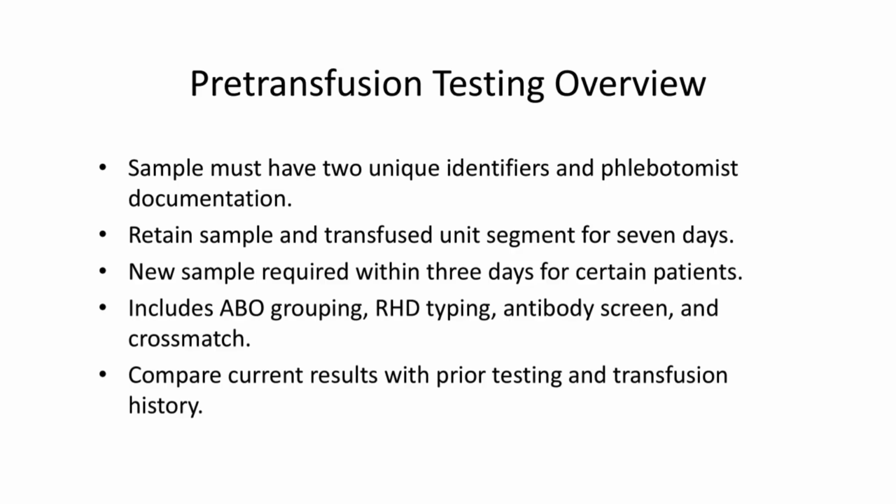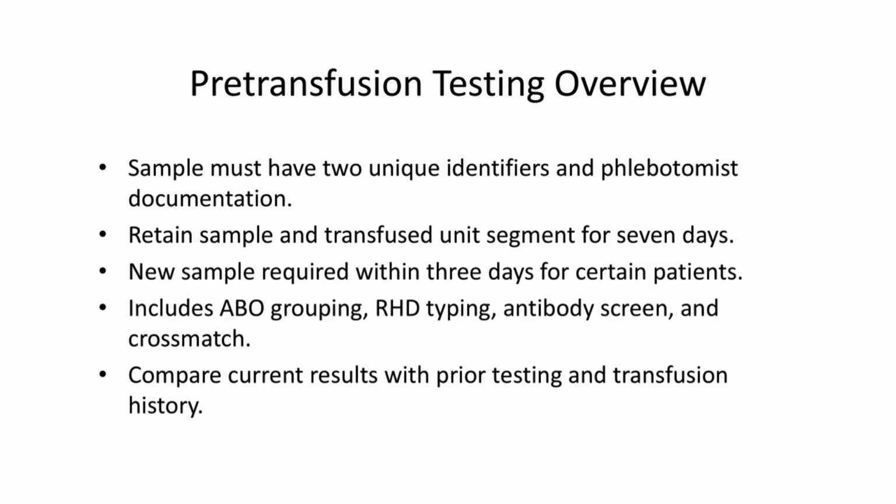After transfusion, both the sample and a segment of the transfused red blood cell unit must be retained for 7 days. For patients who have received allogeneic red blood cells, are currently pregnant, or have an unknown transfusion history, a new sample must be drawn within 3 days of the transfusion. The day of draw is considered day 0 in this timeline.